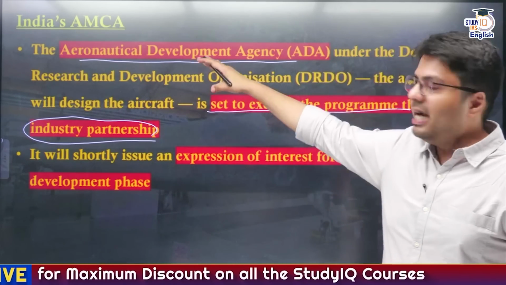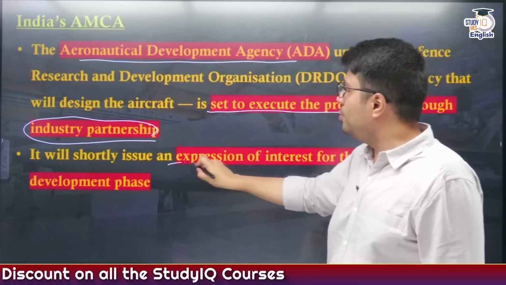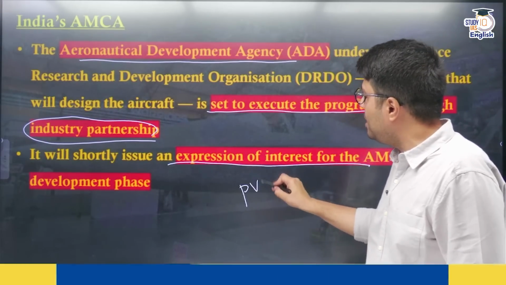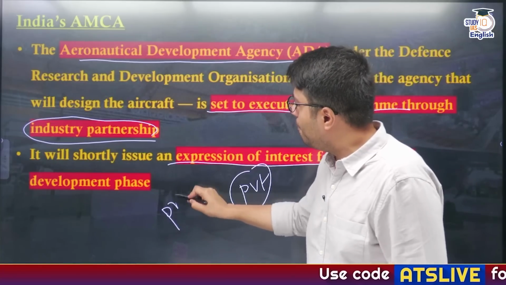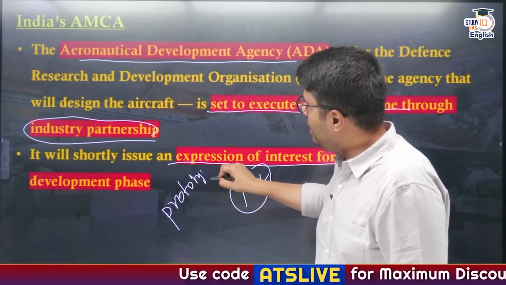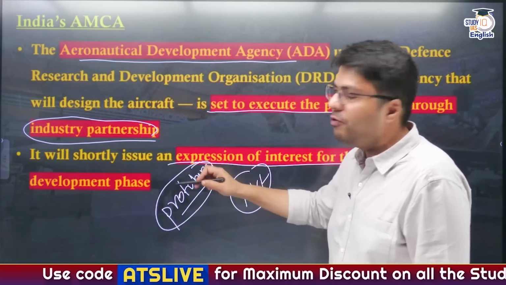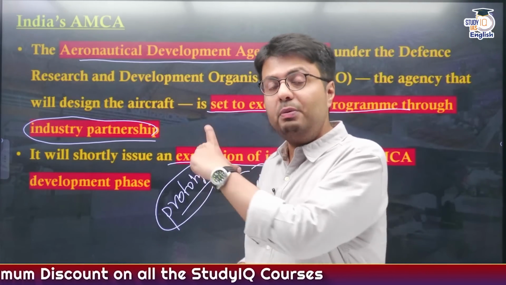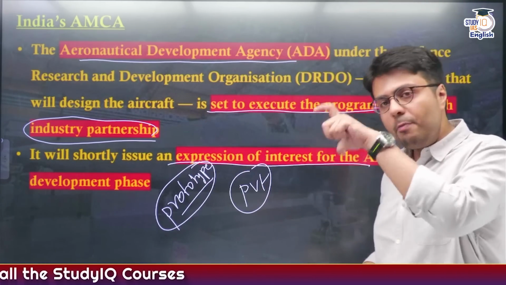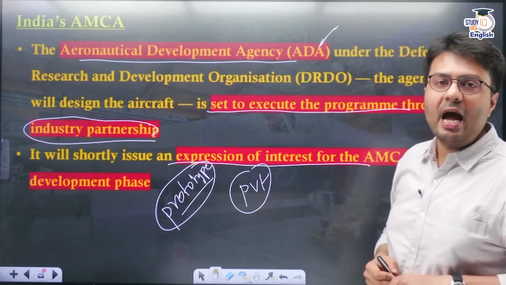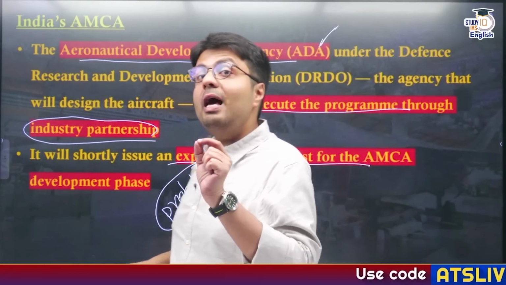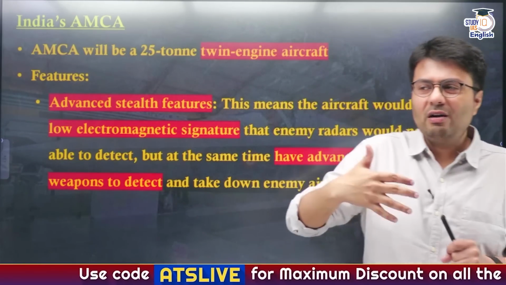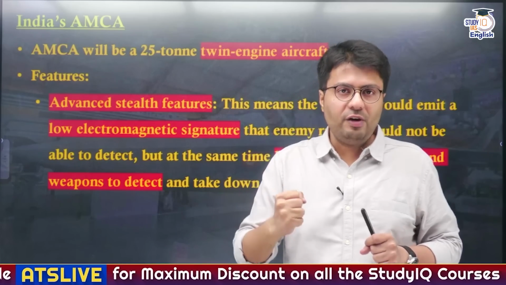And that is why it is expected that ADA will shortly issue an expression of interest for the AMCA development phase, where private companies will develop prototypes based on the design of the ADA, and these prototypes will compete among themselves so that we know what is the best capable aircraft that has been designed by either HAL or by a private company using the design and guidance offered by ADA, which is a laboratory of what? Laboratory of DRDO.